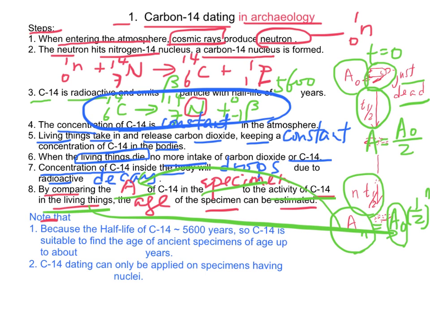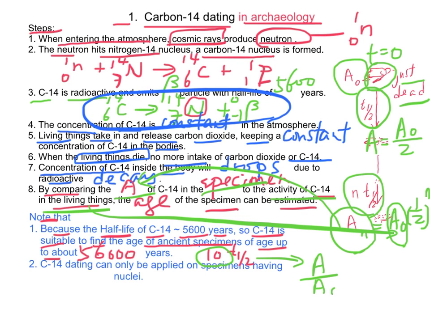Note that because the half-life of carbon-14 is approximately 5,600 years, carbon-14 is suitable for finding the age of ancient specimens up to about 10 half-lives. At most it is 10 half-lives, because after 10 half-lives, the activity will drop to 1/2 to the power 10, which is very small.